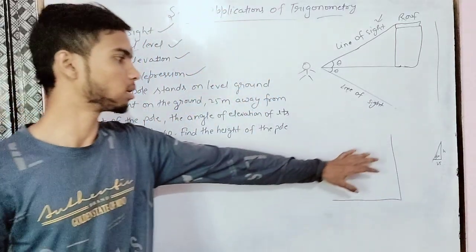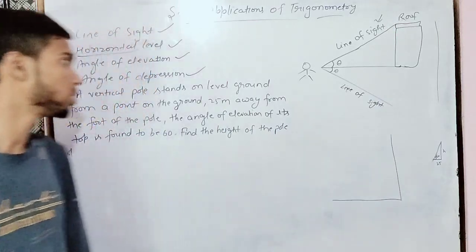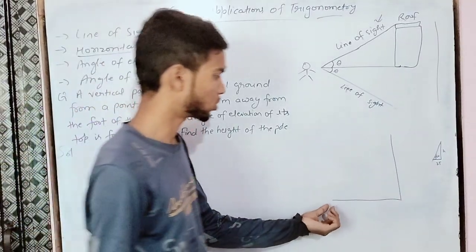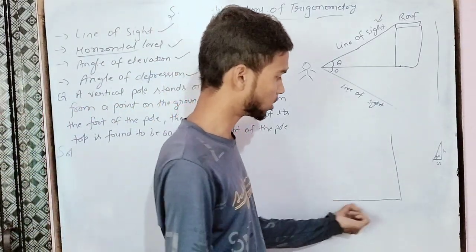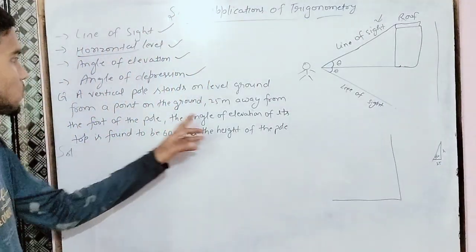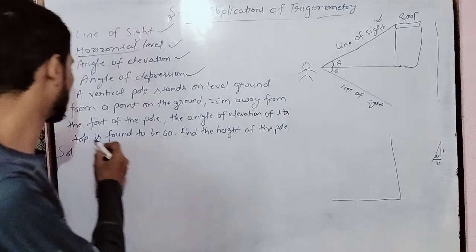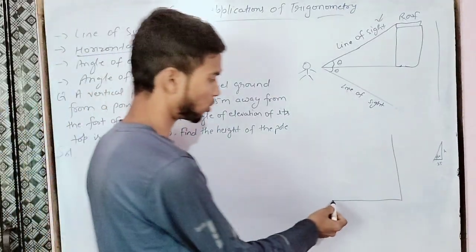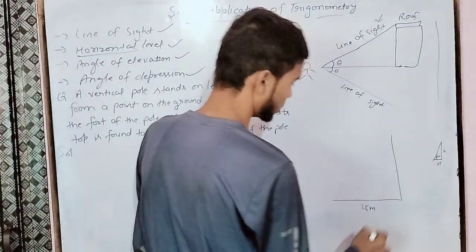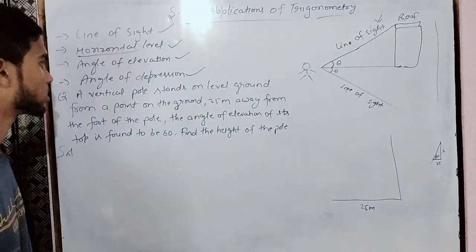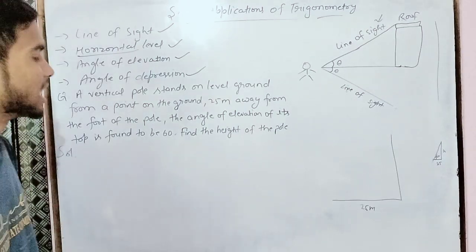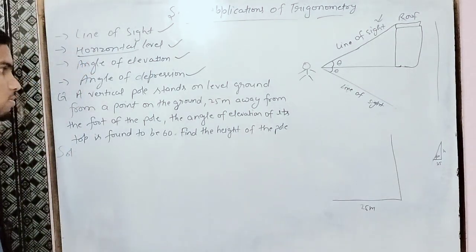So this pole stands on level ground. From a point on the ground, 25 meter away from the foot of the pole, the angle of elevation of its top is found to be 60 degree. So from the point to the foot of the pole is 25 meter.